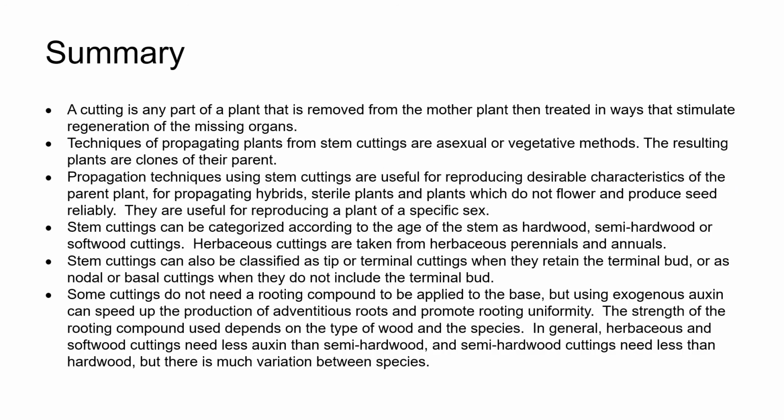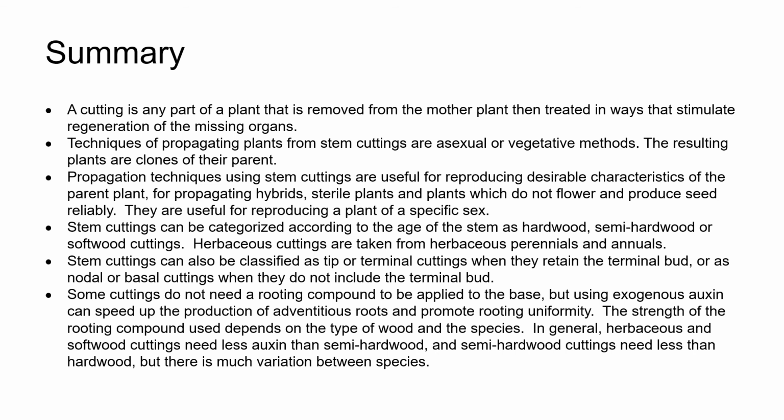As always, let's finish by summarizing the material covered in this unit. A cutting is any part of a plant that's removed from the mother plant, then treated in ways that stimulate regeneration of the missing organs. Techniques of propagating plants from stem cuttings are asexual or vegetative methods, and the resulting plants are clones of their parent.